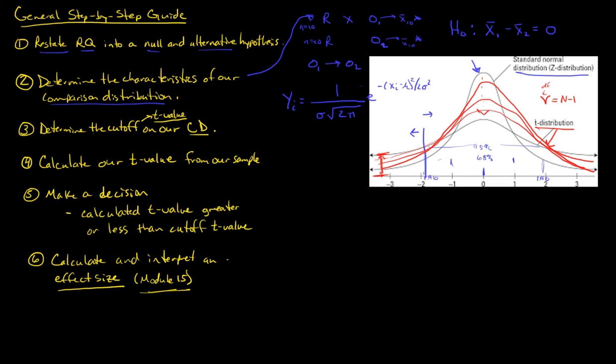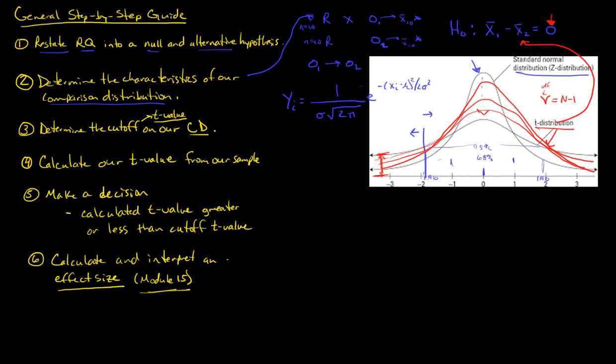When we say determine the characteristics of our comparison distribution, this t-distribution represents this null hypothesis, right? You know, that if you were to go out and do this in a population, this is what the shape of that distribution of scores would be in a population where your treatment is not having an effect.